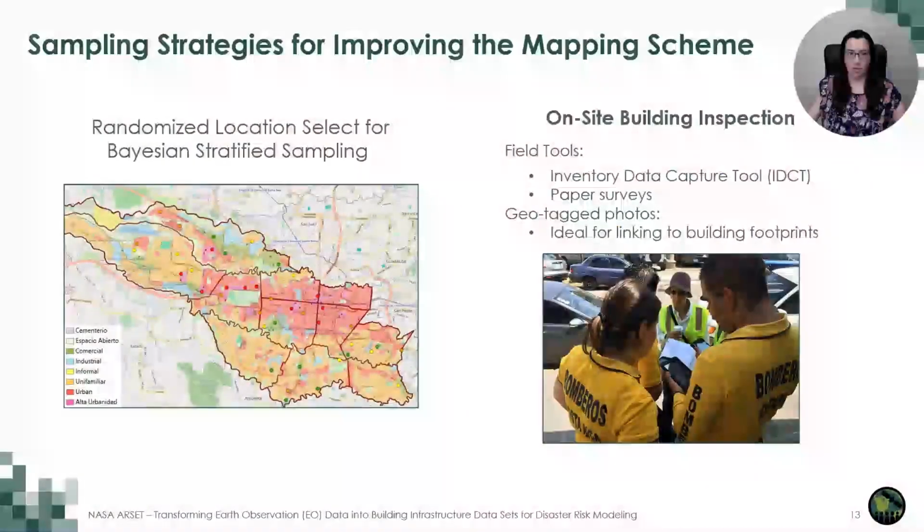So how do we conduct a sampling strategy? We start by generating a set of randomized points and randomly select an even amount of survey locations per development pattern.